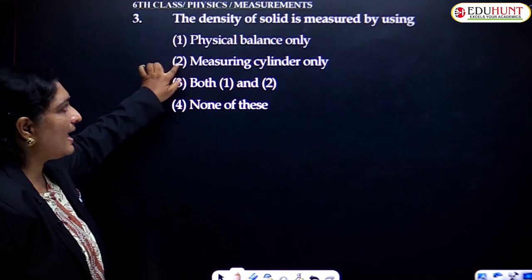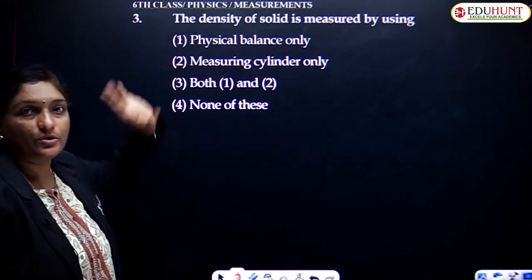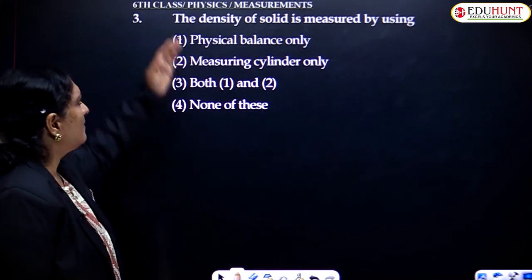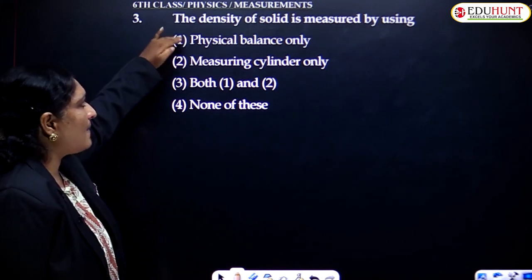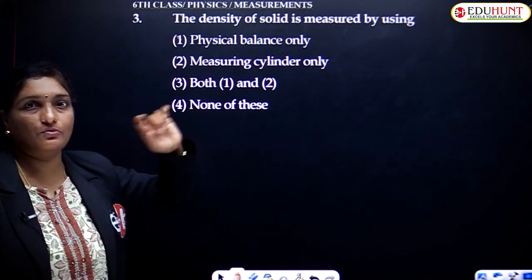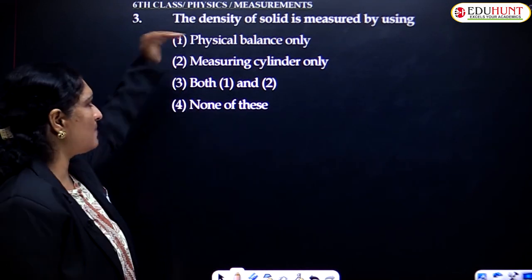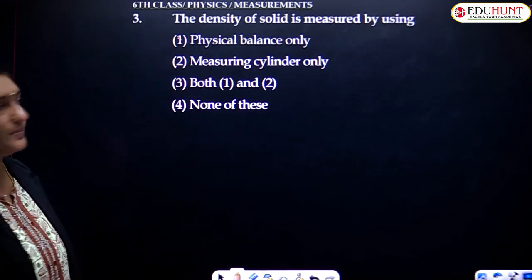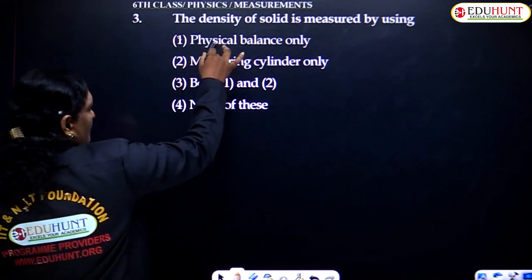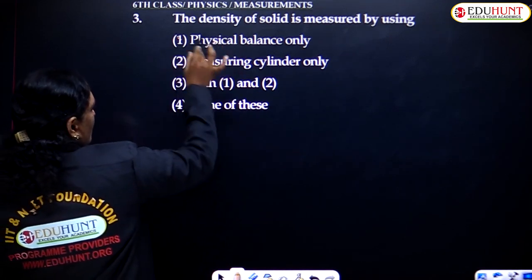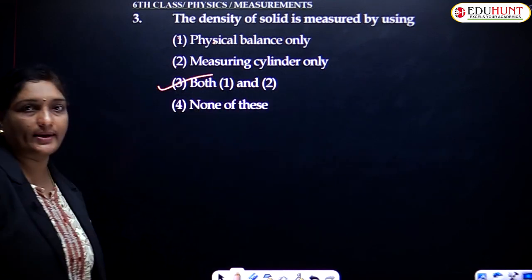Then with the help of a measuring cylinder, you find the volume of the object. Then the density is calculated as mass upon volume. So to measure mass we use a physical balance, and to measure volume we use measuring jars. So the answer is both 1 and 2.